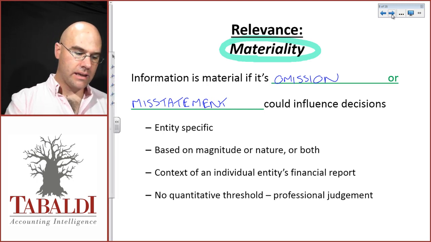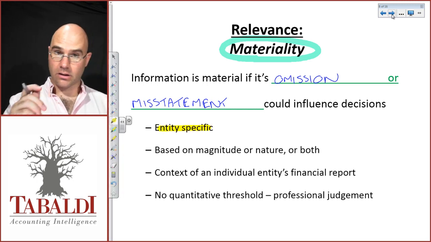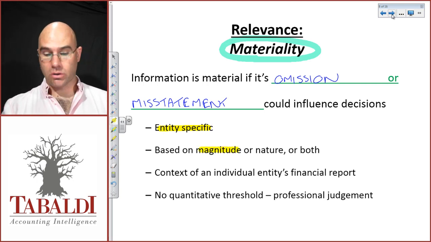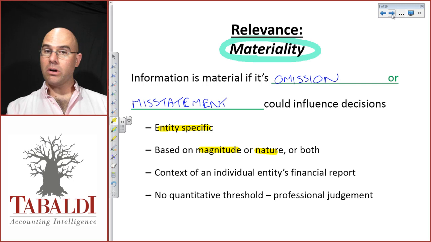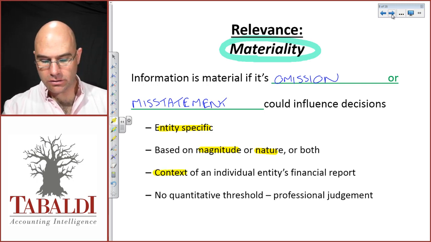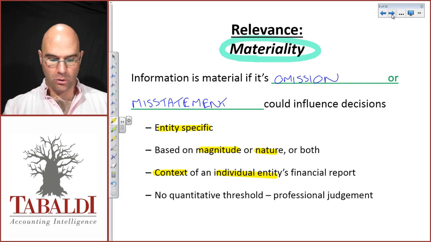Remember, this is an entity-specific concept. Okay, it's based on either magnitude or nature or a combination of the two, and it's in the context of an individual entity's financial report.